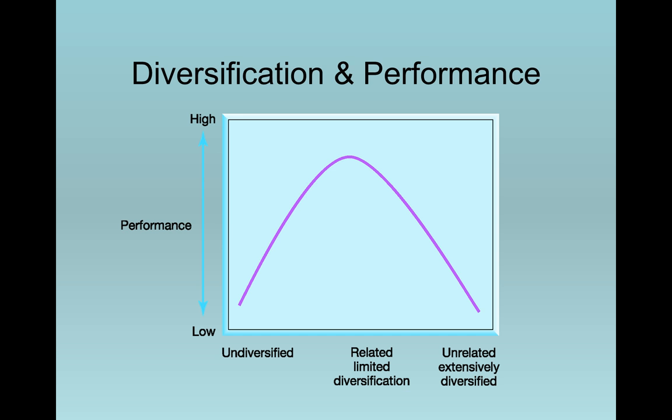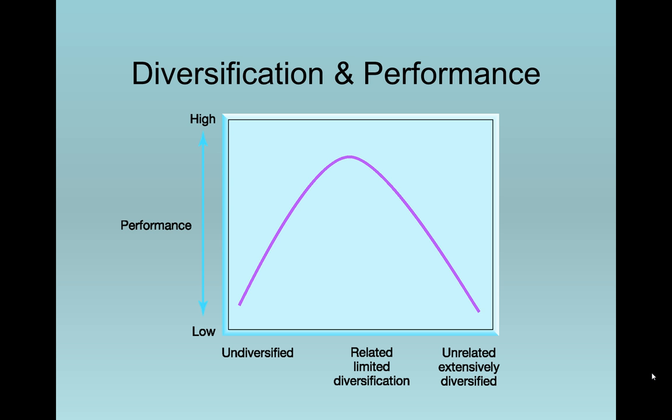But as the diversification continues, and as perhaps it becomes less and less related, businesses are being incorporated into the portfolio not because of their relation to other firms within the portfolio, but for some other criteria, perhaps because they are profitable. Then we see perhaps that idea of trying to reduce the risk that the portfolio faces.